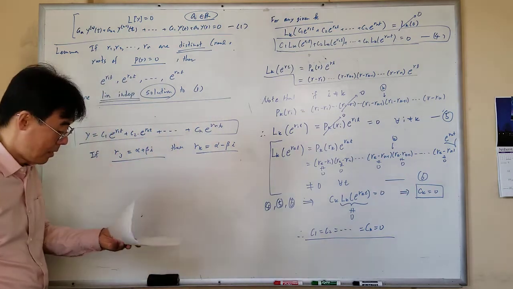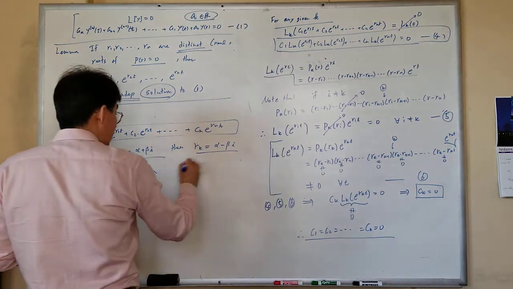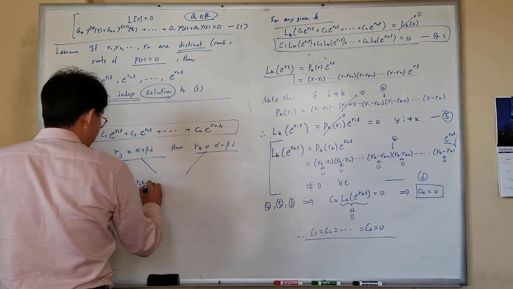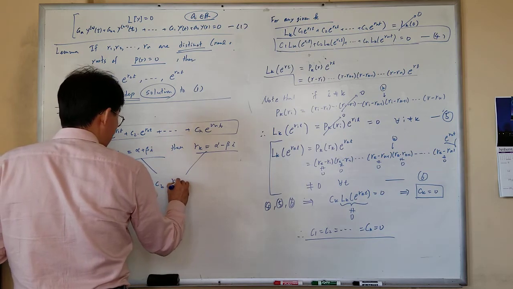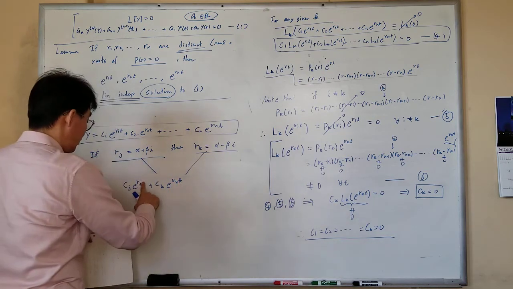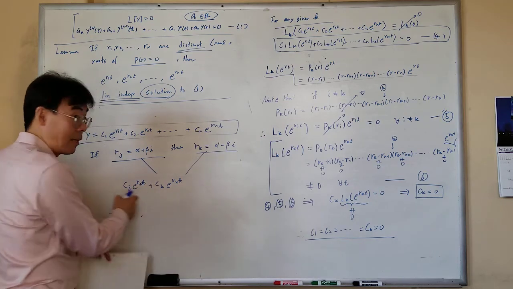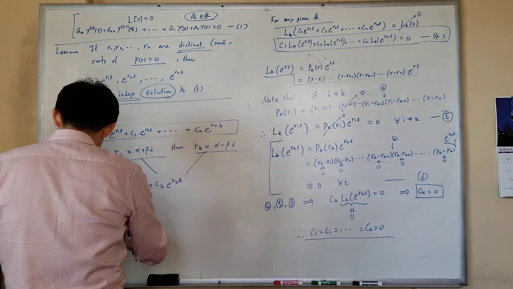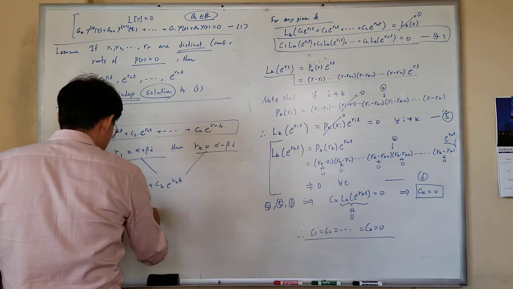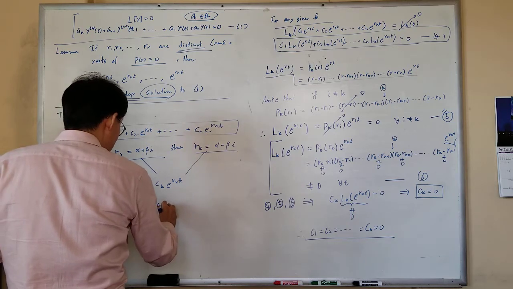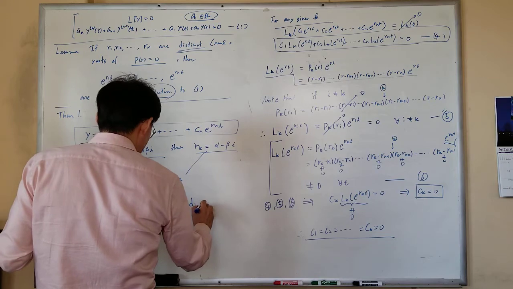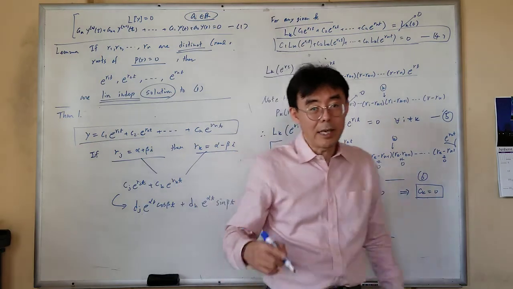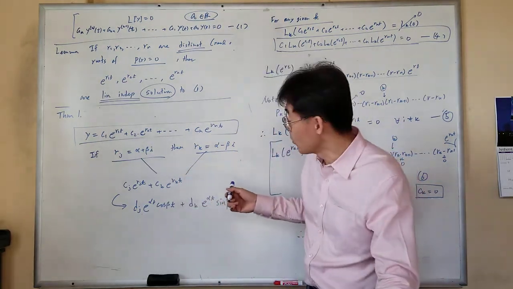Alright? For those cases, instead of c_j e^(r_j t) plus c_k e^(r_k t), we can replace this one as d_j e^(alpha t) cosine beta t plus d_k e^(alpha t) sine beta t, exactly the way we did in the second order differential equation, right?